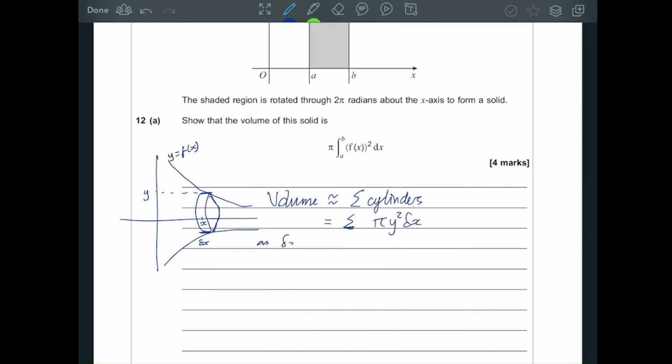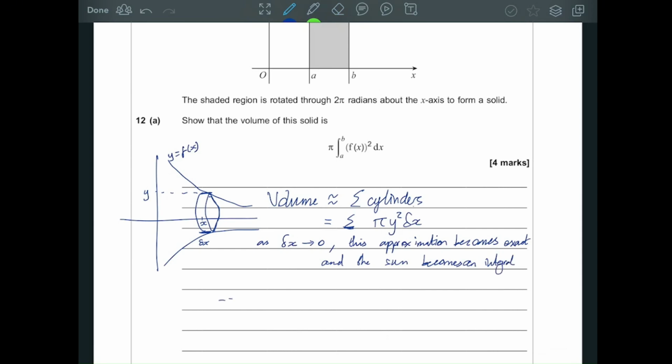As delta x goes to 0, this approximation becomes exact, let's try and use words in the right way, becomes exact, and the sum becomes an integral.